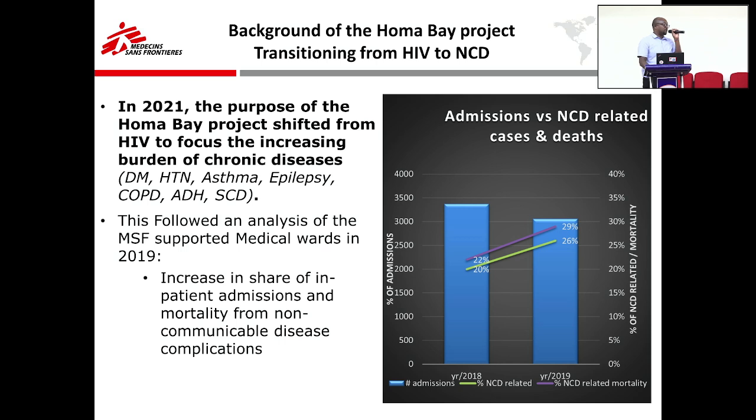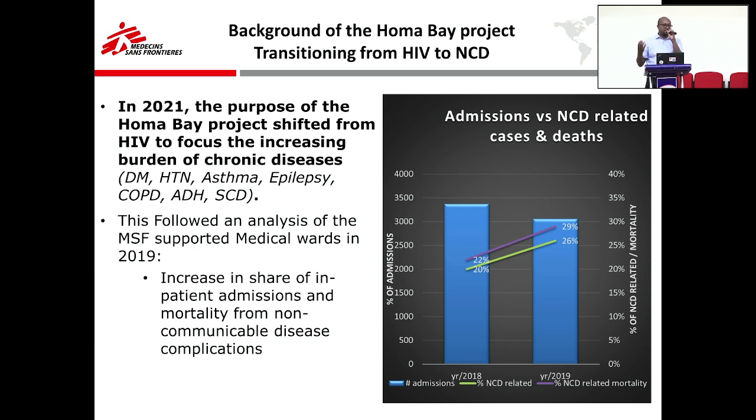Also from the admissions, we had 20% in 2018 and 26% in 2019. So when we did the budget cycle, we presented this, so that the Homa Bay project was old.